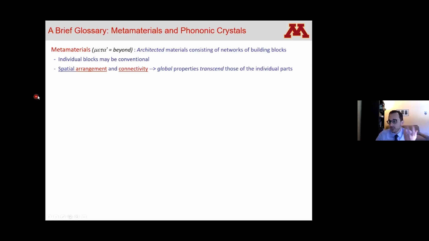The talk is about metamaterials, so I thought it would be nice to start with a definition of a metamaterial. A metamaterial is essentially an architected material, so a synthetic, man-made material that consists of a network of individual parts or building blocks. Now, the building blocks taken in isolation as individual units are fairly conventional elements: rods, beams, plates, shells.